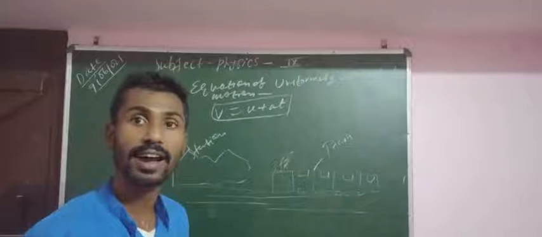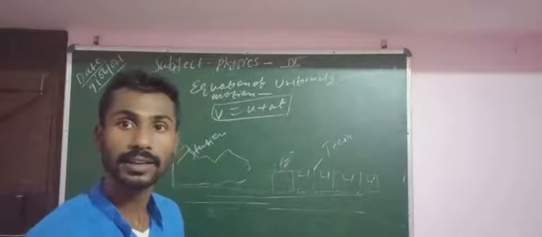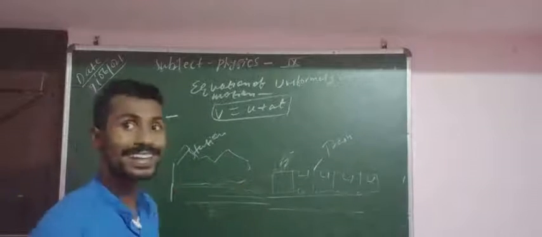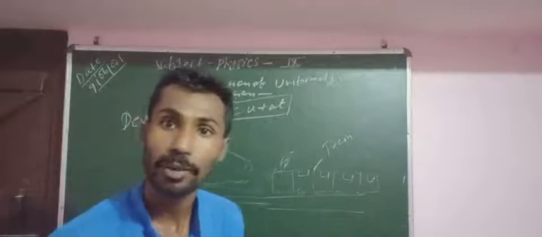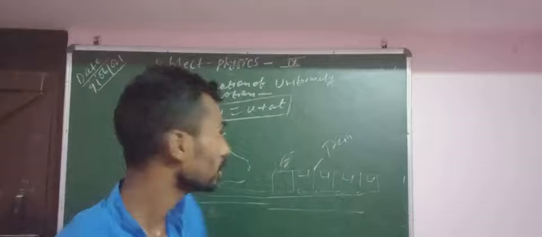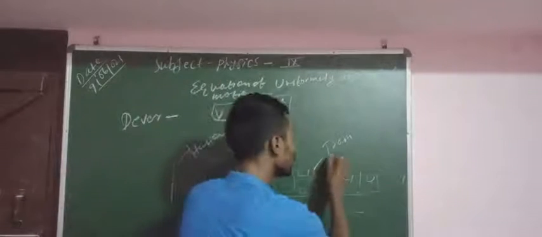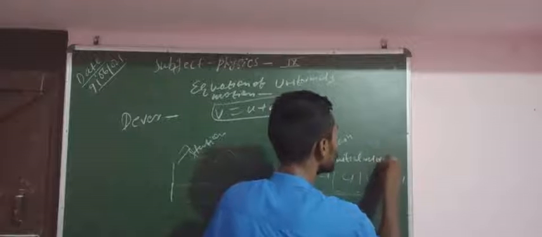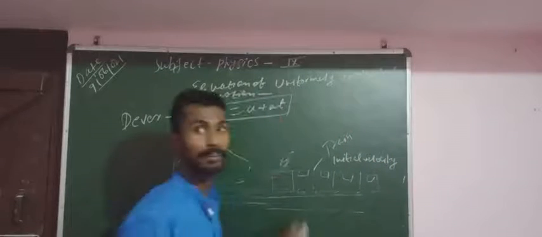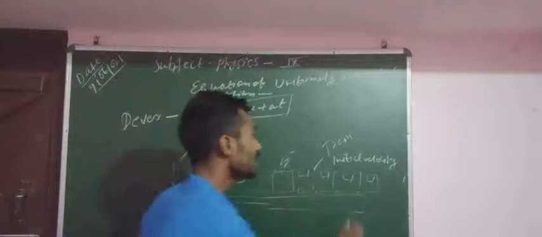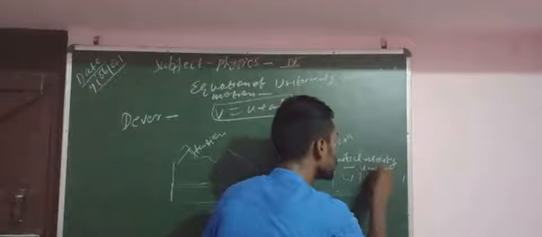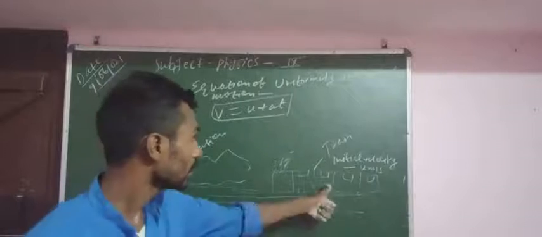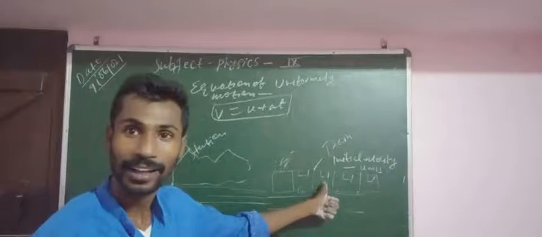Before entering the station, a train has a different velocity, and when the train reaches the station, the velocity of the train is completely different. So let the initial velocity of the train be u meter per second. Before the station, the velocity of the train is greater.